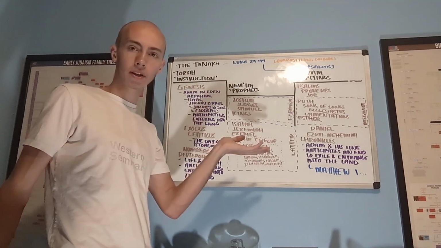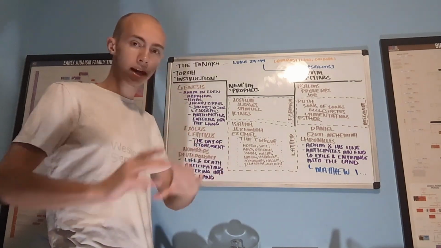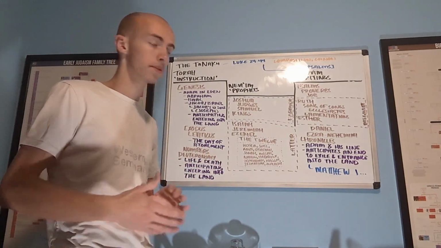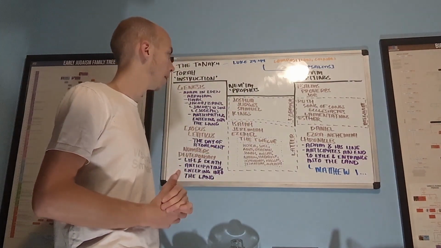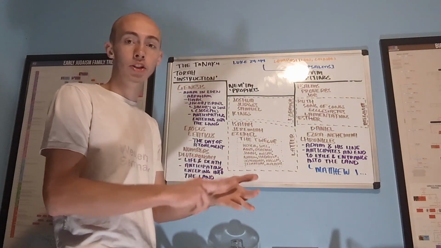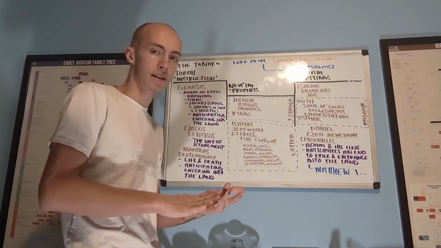However, when you get to the prophets, you'll realize that there are 2 subsections within the section of the prophets. So first of all, you have the former prophets. And those are going to be Joshua, Judges, not Ruth, but Samuel, and then Kings.